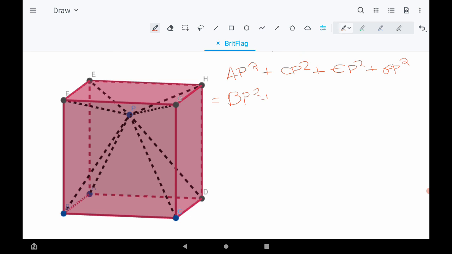As I'm writing this, you could probably see the elements coming out of the normal British Flag Theorem, the 2D version, and translating to 3D, FP squared. And so there's a couple ways to frame this. This is one way you could do it.